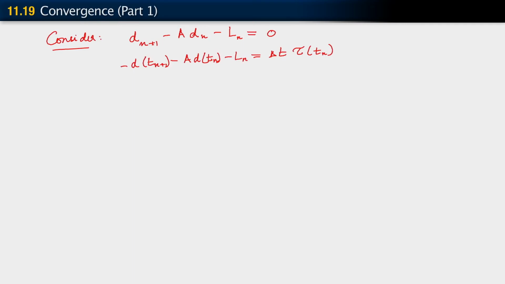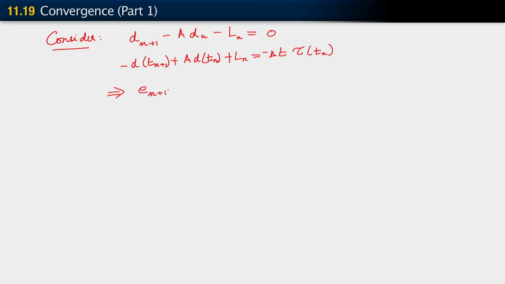Okay, so I'm going to change signs, and now when I add those two together, I get on the left-hand side d^{n+1} minus d(t^{n+1}), which is essentially our E at n+1.